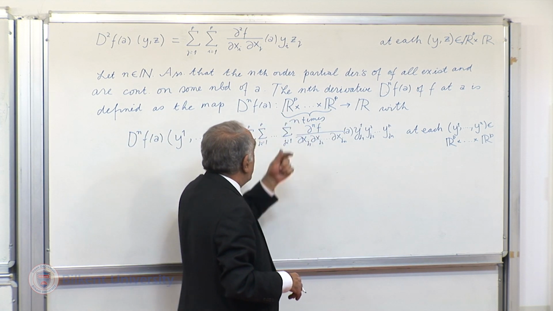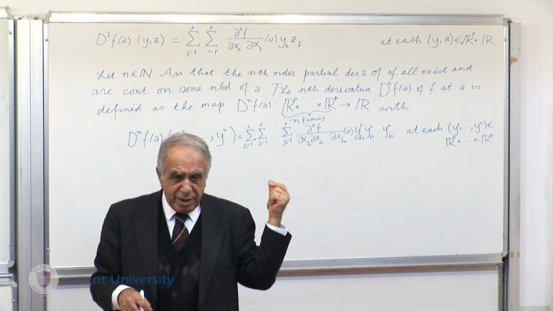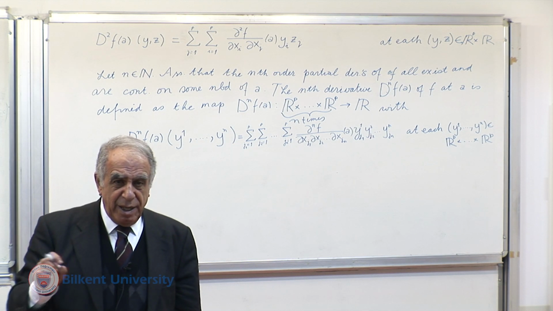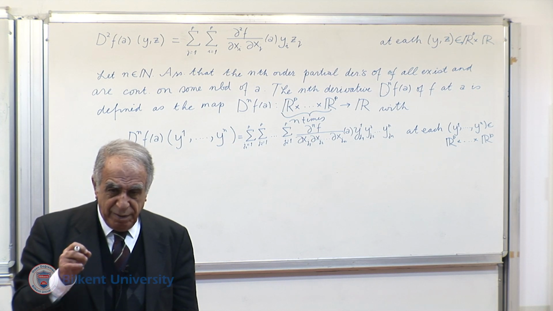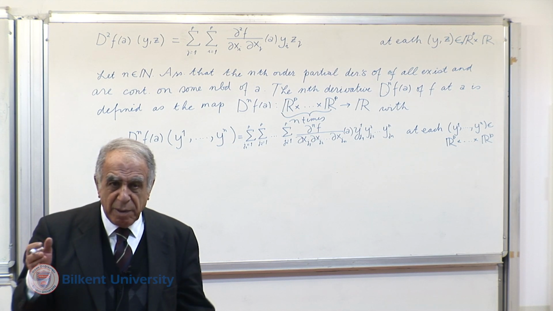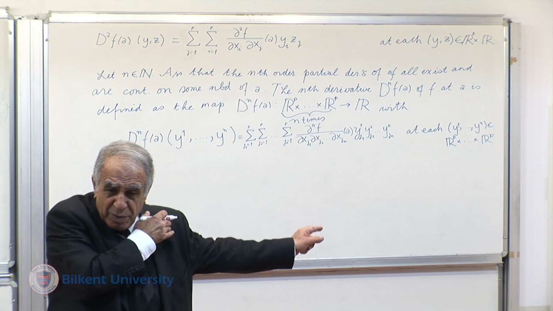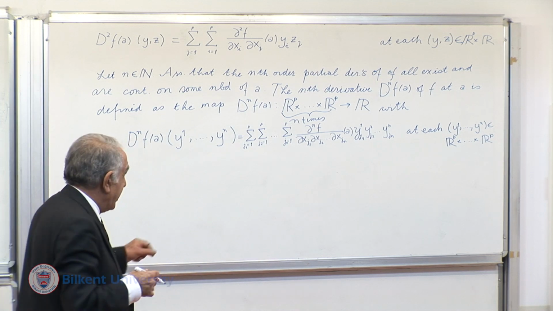But if n is 1, then this actually reduces to the expression we had in characterizing the first derivative at a in terms of the partial derivative. So if there were no coincidence, then this would be an entirely different notion, but it's not.